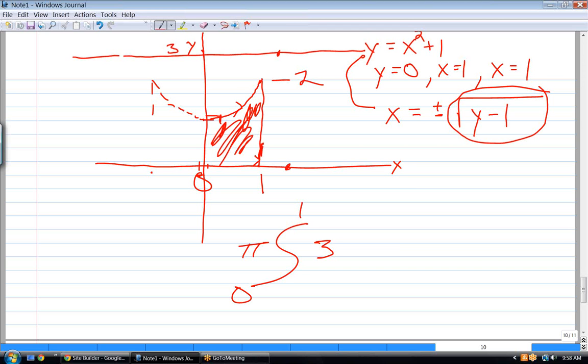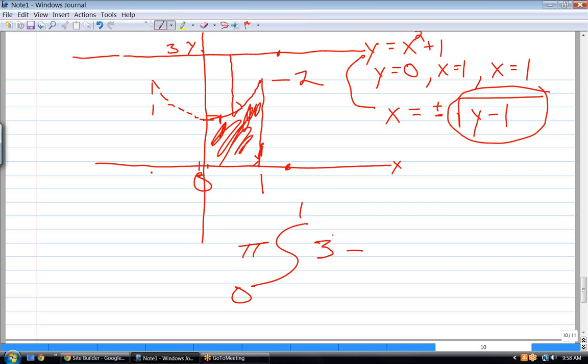The inside radius is this distance from here to here throughout. So I can do this whole thing in one step.